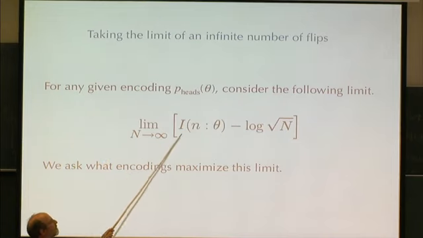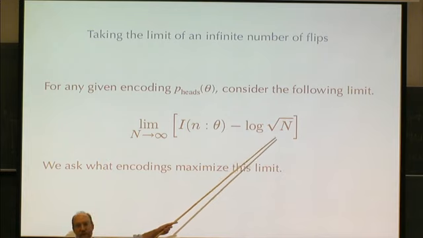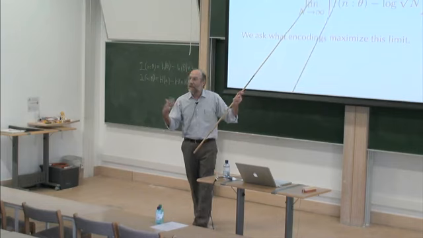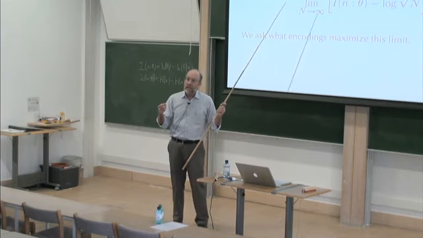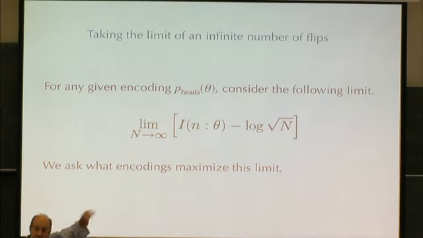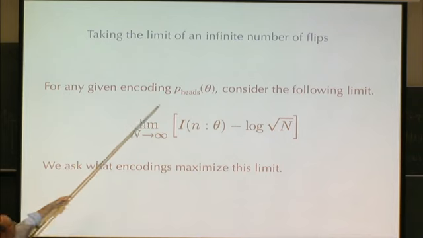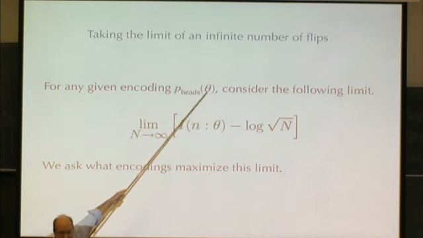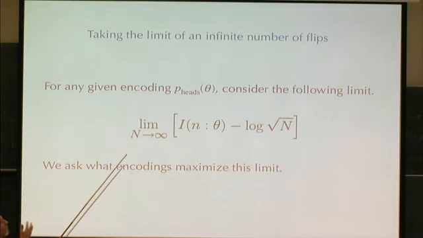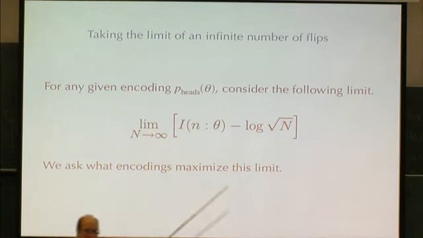Let's maximize the information minus the log of the square root of the number of tosses, because the information is going to grow typically as the log of the square root of the number of tosses. If we subtract that off, then we get something that's going to be bounded, and we'll take the maximum of that. So we're going to consider a particular encoding, a particular curve, p heads of theta, and ask, what kind of curve maximizes this in the limit?